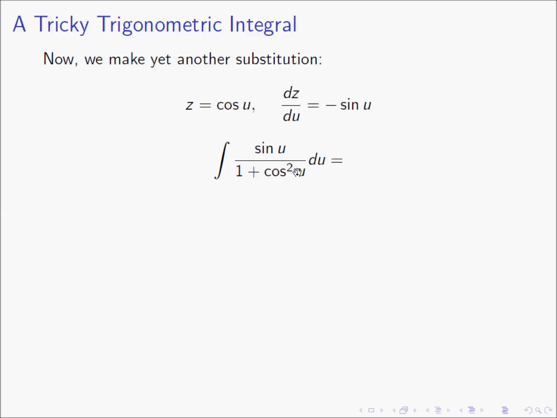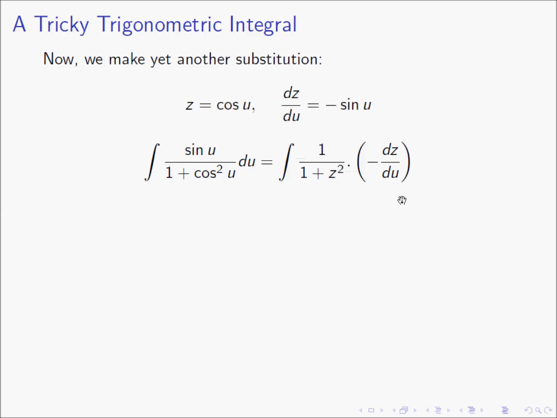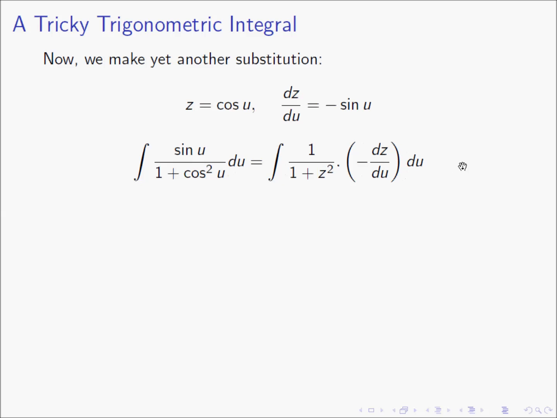So we replace in our integral. The denominator will become 1 plus c squared. Then sine of u will be minus dc over du times du. We can cancel the sine of u, now we can cancel the du and we get this integral.